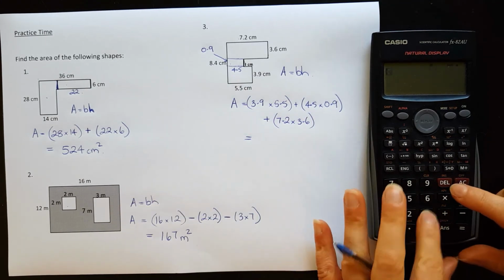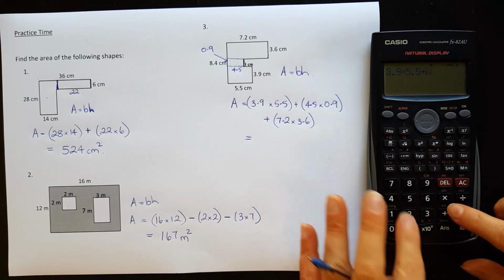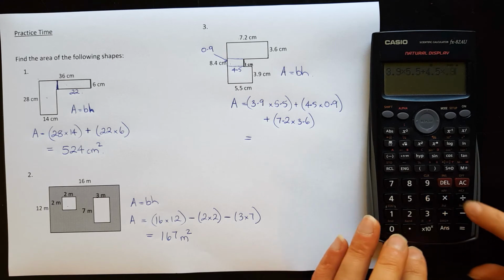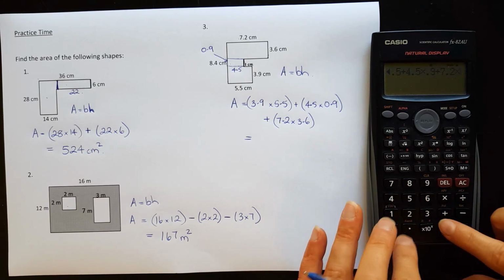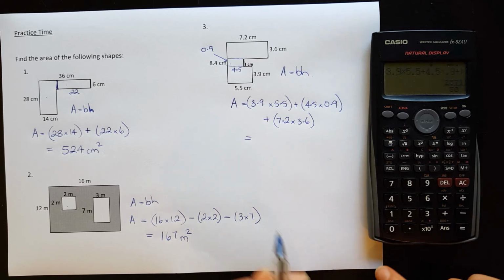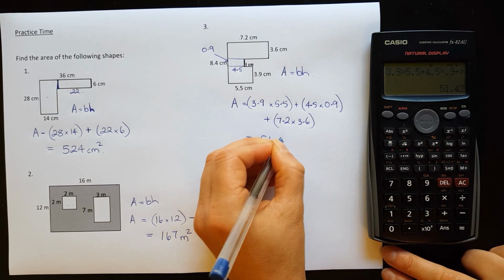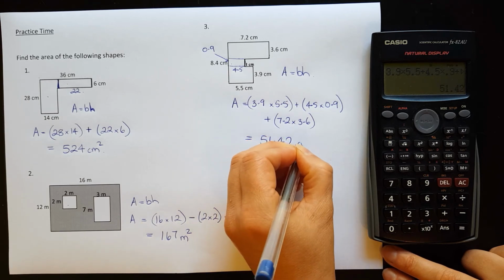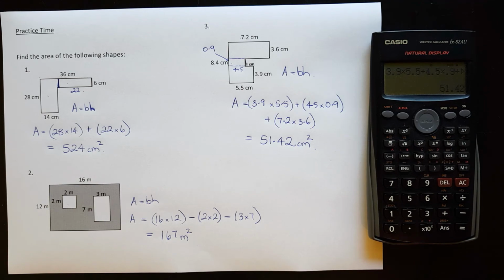Just type all that in. 3.9 times 5.5 plus 4.5 times 0.9 plus 7.2 times 3.6 is 51.42 centimeters squared.